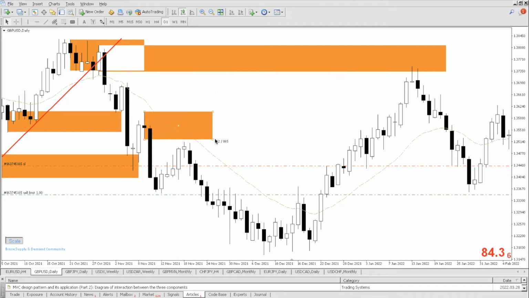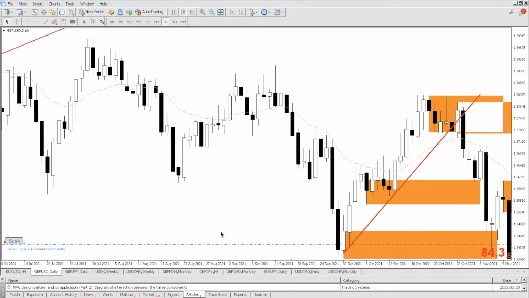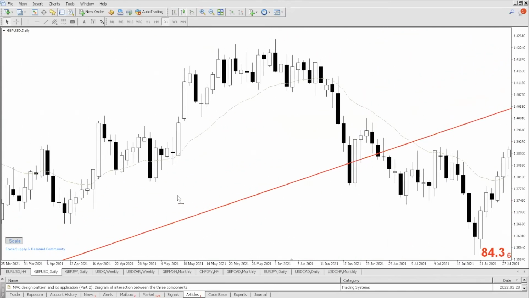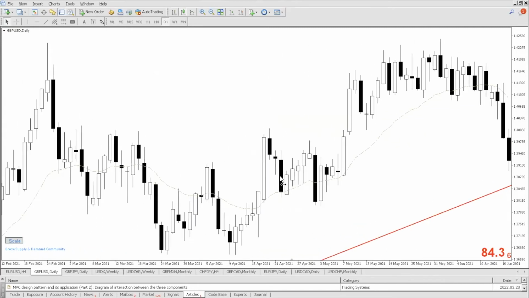Price even here did what? It failed, which means this trade here failed again. So that is how you can use trend line to give you the signals or the entry points for entering your trades. Okay, so let's look up here.